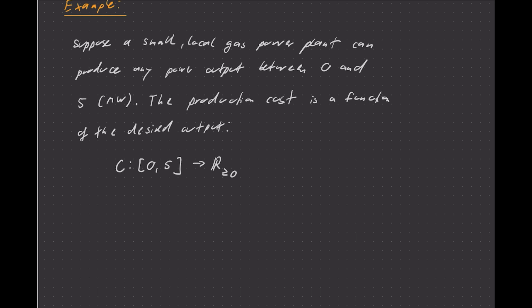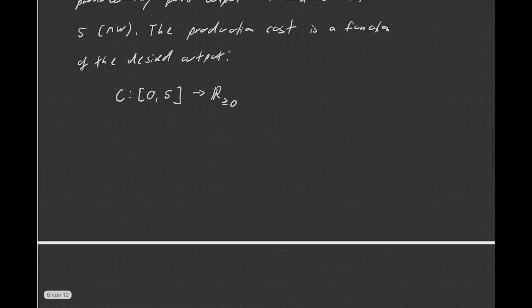So that is the codomain of that function. And let's define the cost function in the following way. Of course, if we don't produce anything, there'll be no cost. And I know that's a simplification because having the power plant available might also incur some costs as well. But let's simplify it for the moment to that.